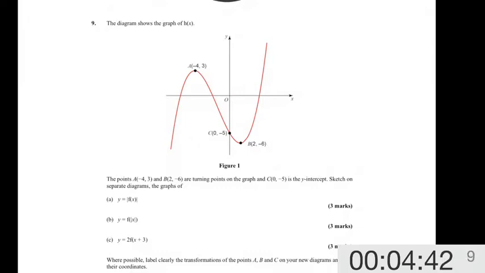b is modulus of x. So that's going to reflect the positive x values in the y-axis. Yeah, remove the old stuff. So all it says is reflect the positive x stuff in the y-axis, getting rid of any old stuff that used to be on that side of the axis.